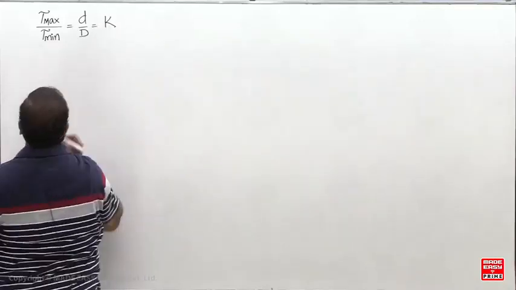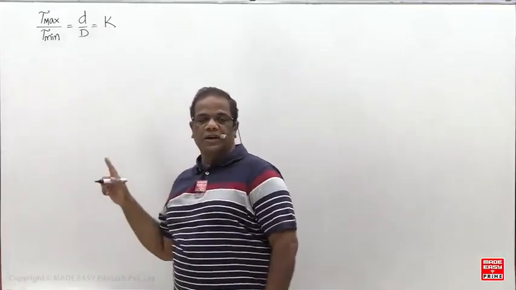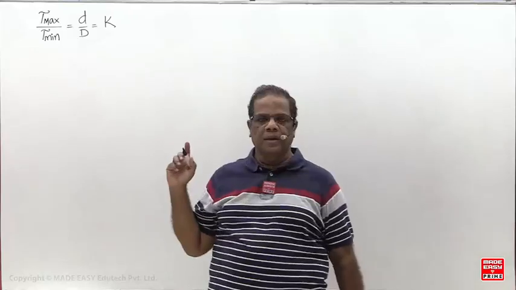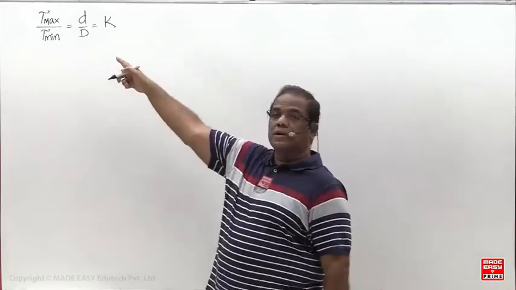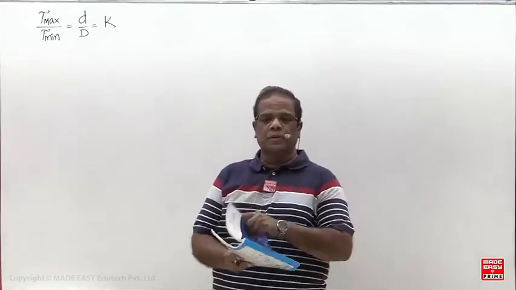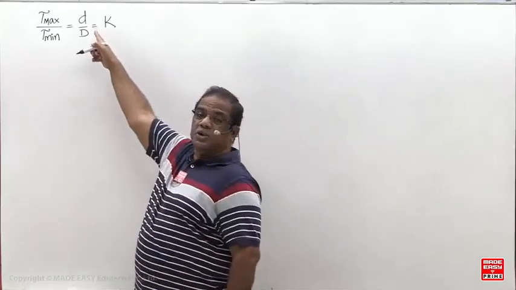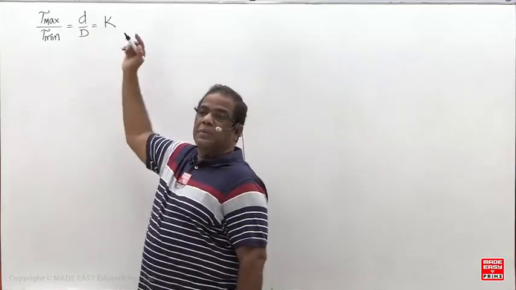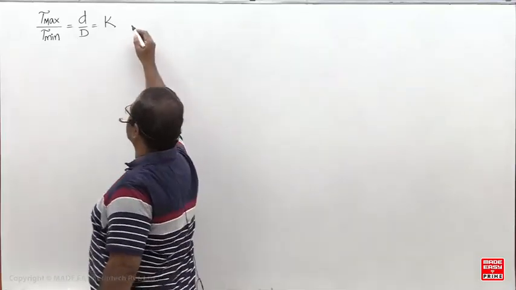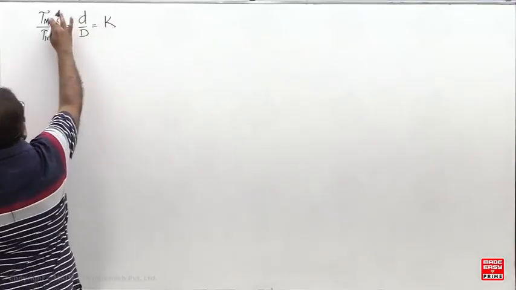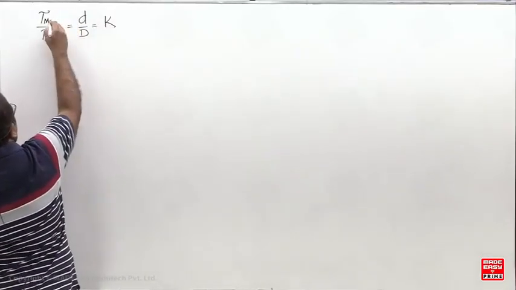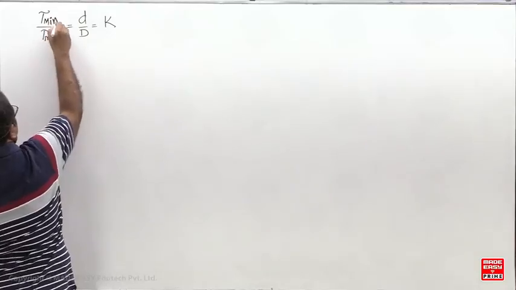Check what you have written now. Torsional shear stress is proportional to the corresponding radius, so the numerator should be capital D and the denominator small d. So this is incorrect. In place of maximum shear stress, make this minimum shear stress.